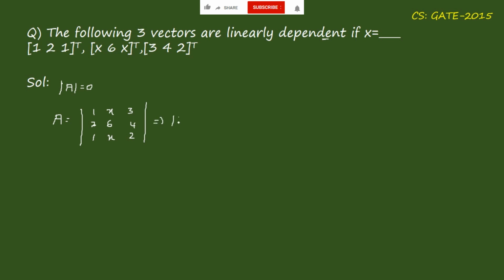So find the determinant of matrix A, which becomes 1 into 6 times 2 is 12 minus 4x, minus x into 4 minus 4, plus 3 into 2x minus x, which should be equal to 0.